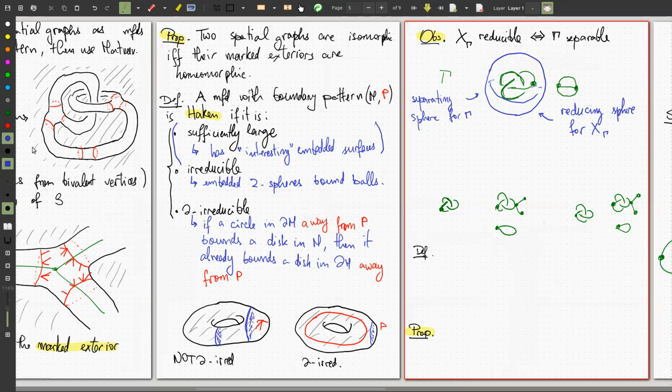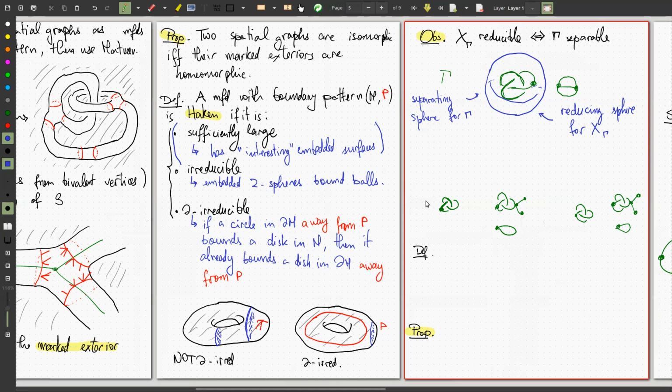Okay, so the reducibility problem, like the second bullet point here in the definition of Haken, is a property that boils down to whether your graph can be split like this, or whether it can be expressed as a disjoint union of spatial graphs.